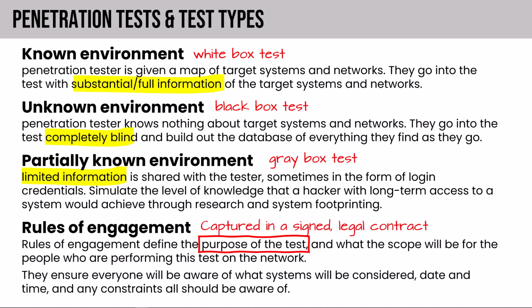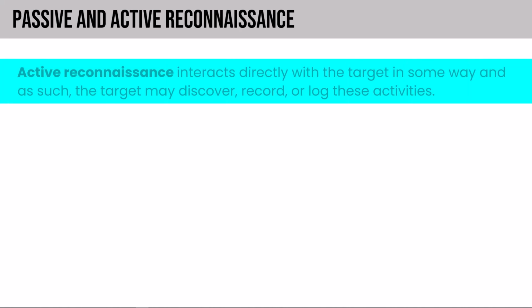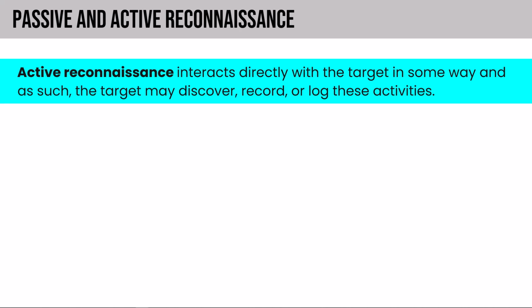Now we're going to talk through some penetration testing techniques, beginning with passive and active reconnaissance. Reconnaissance is preliminary research about a target, so the active version interacts directly with the target in some way, and as such, the target, the customer, for example, the company or organization the ethical hacker is targeting or the bad actor is targeting, may discover, record, or log those activities.